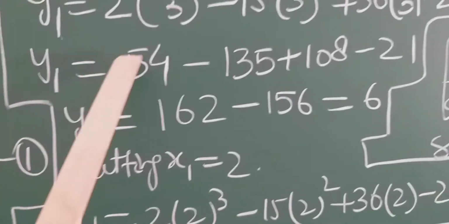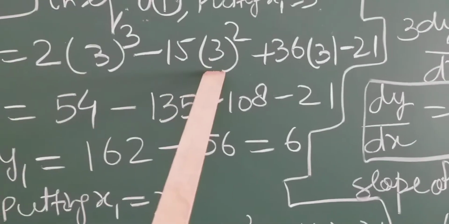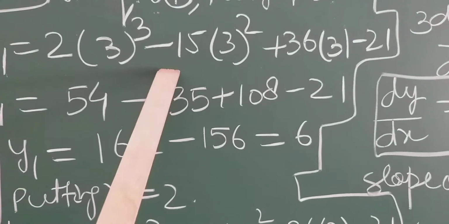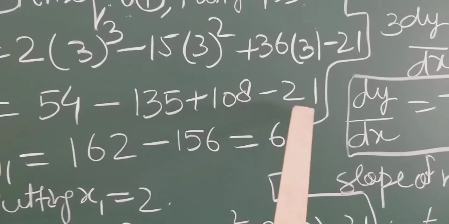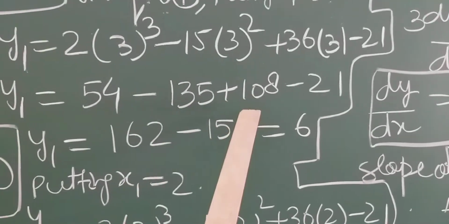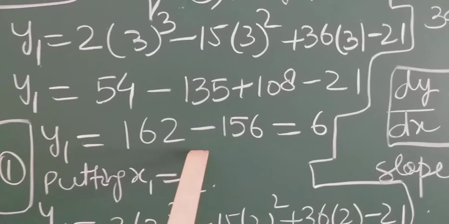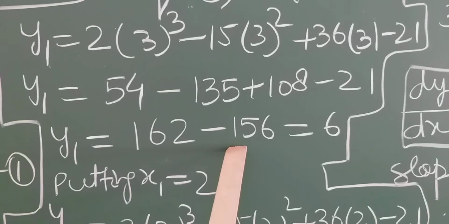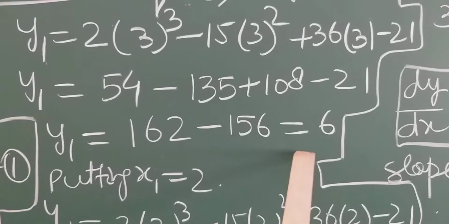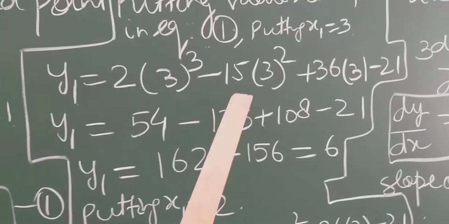So y1 equals 3 cube is 27, 2 times is 54, 9 into 15 is 135, 36 into 3 is 108, minus 21. Both positive terms give 162, and negative negative gives minus 156. The answer is 6. So y1 equals 6 at x1 equal to 3.